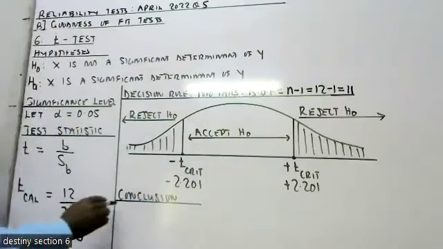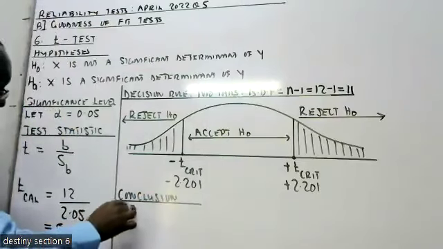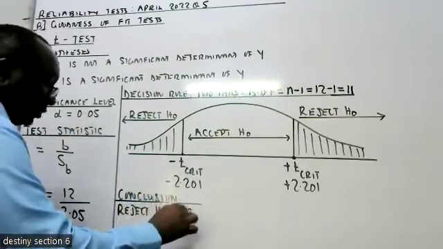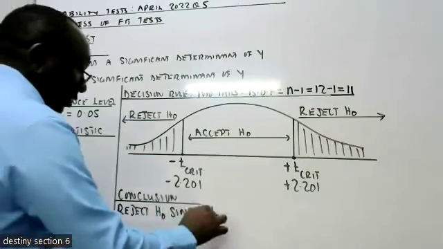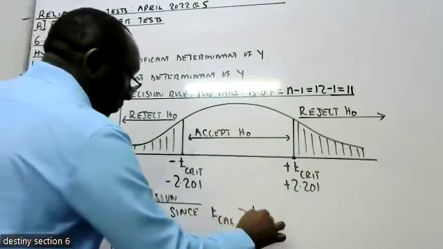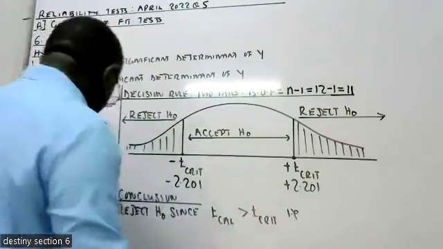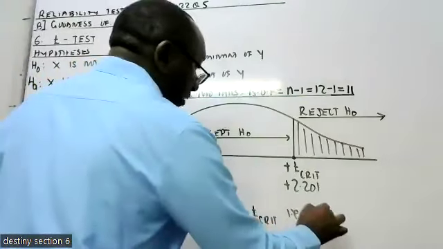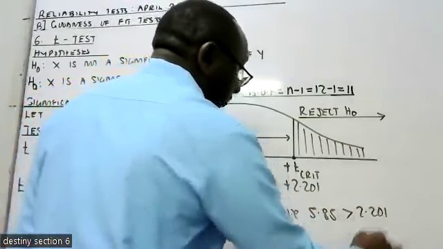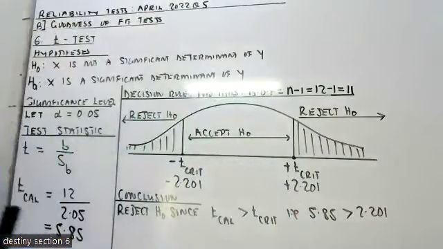So we are going to reject the null hypothesis, since T calculated is greater than T critical. That is, 5.85 is greater than 2.201.